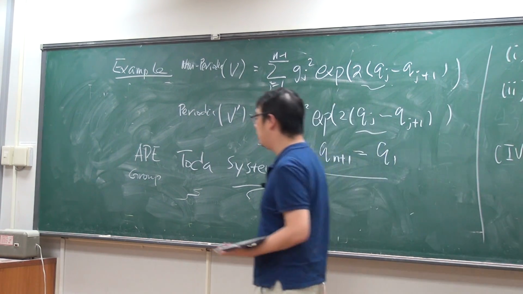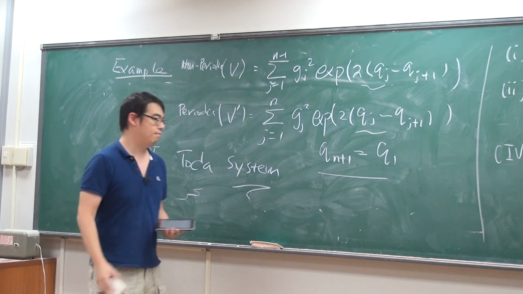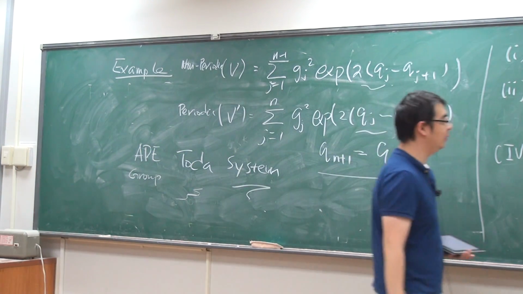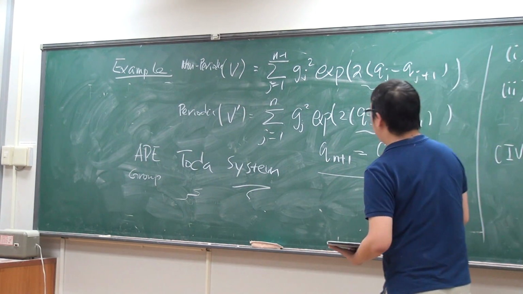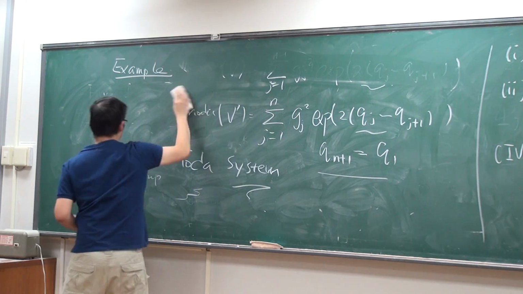In fact, they also appear in various other statistical models, like crystal melting and so on. So anyway, let me try to write a Lax pair. That's what we need.